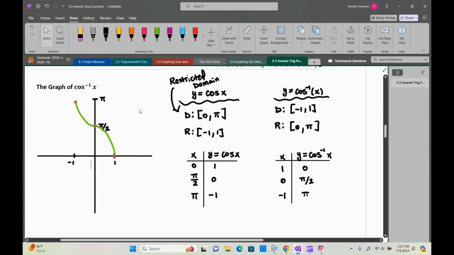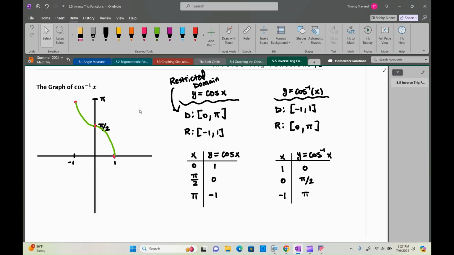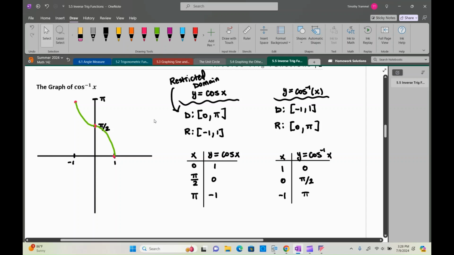And the last one we're actually going to do is inverse tangent. We're not going to bother with inverse secant, inverse cosecant, or inverse cotangent because you can always rewrite those functions in terms of sine, cosine, or tangent, and then we can just use the inverse functions for sine, cosine, and tangent.